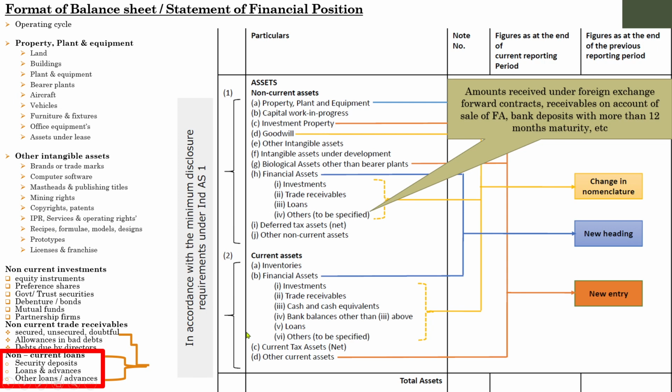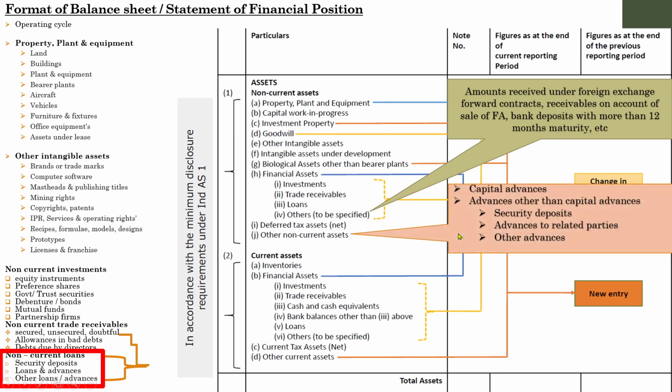And finally, the other non-current assets. It refers to any assets which are non-current and non-financial in nature and which have not been included in any of the headings which we have discussed now. So what are the non-current assets that didn't come under any of these heads? First one, capital advances. Usually capital advance means any advance given on the purchase of a land.